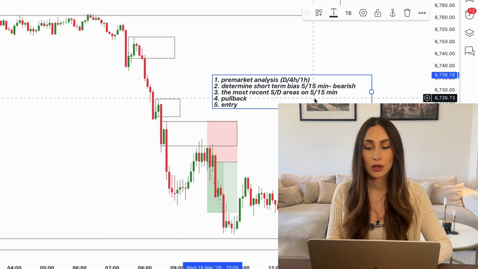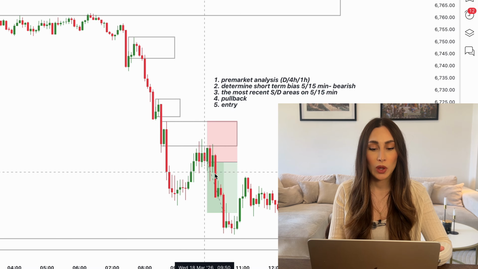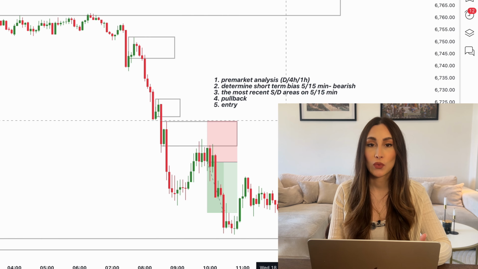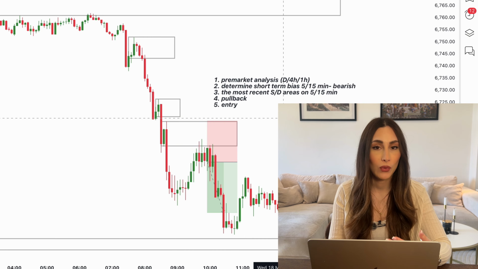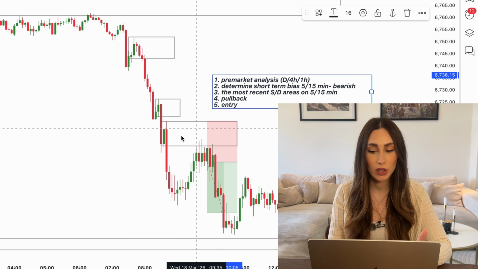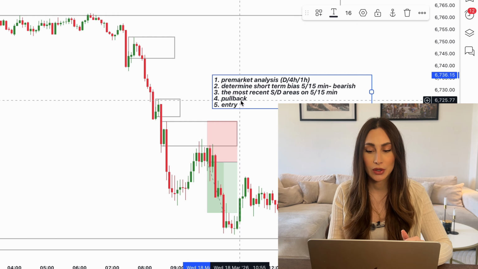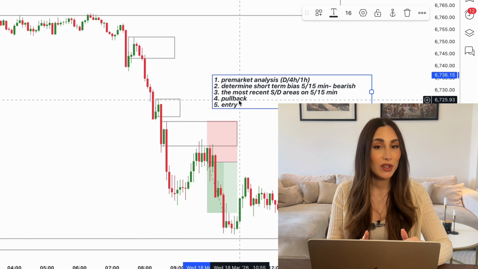That's like a double confirmation for me to take that trade. So obviously we were in a downtrend, so I was looking for supply areas and not for demand areas. You will look for demand areas when you are in an uptrend. So in this case, I was looking for supply areas, and that was the third step.